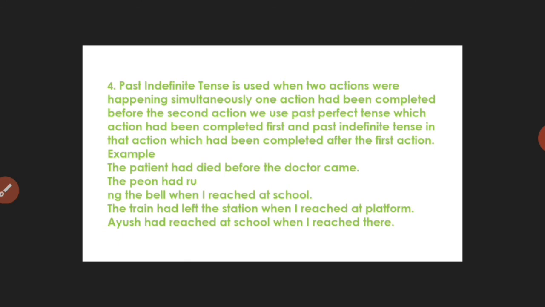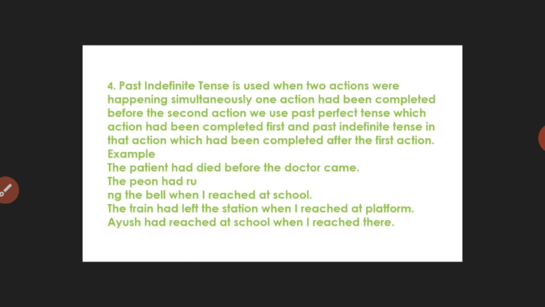It means the action which was completed first, we have to use past perfect in that sentence, and for the action which had been completed secondly, we should use simple past tense in that sentence.